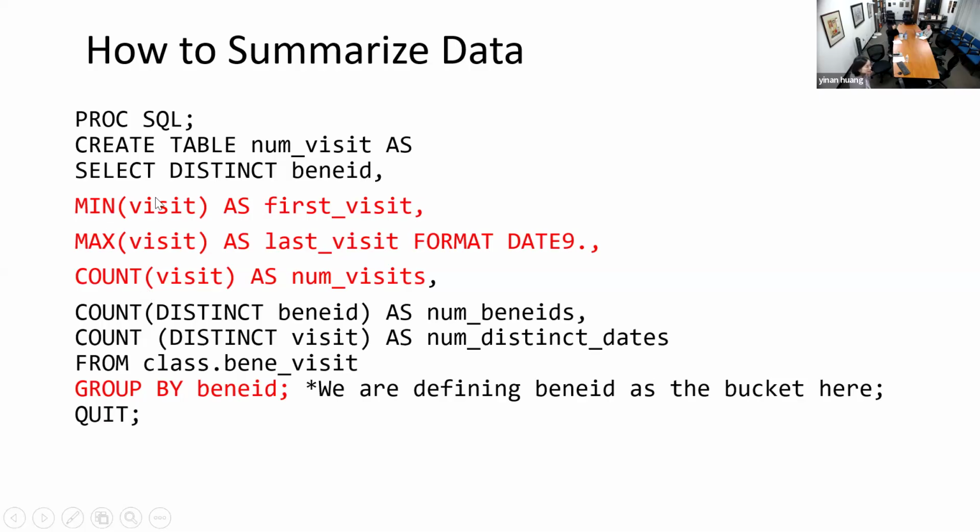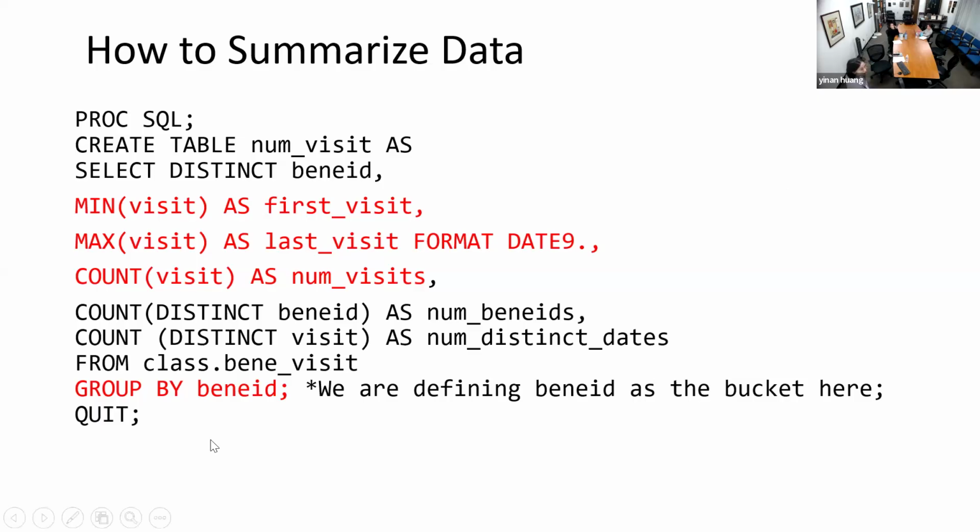So the minimum visit, we can have it as the first visit, and the maximum visit, we can have it as the last visit. And with the format here, the date will be formatted in the date format. We can also have the count of visits, which basically helps us count the frequency or the total number of visits.